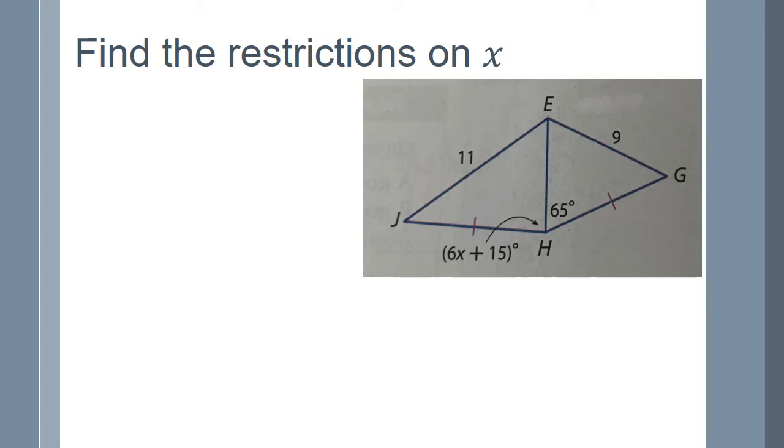So again, larger, smaller, larger here, smaller here. So 6x plus 15 is greater than 65.